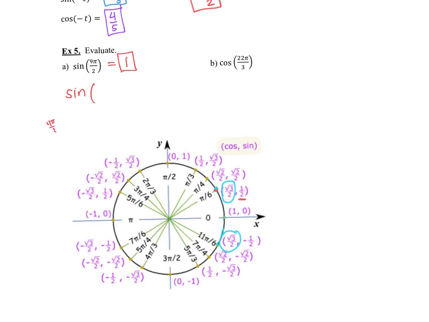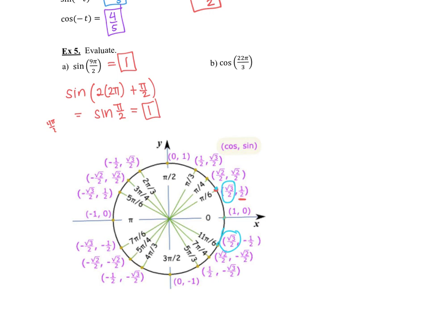So I went 4 pi over 2, 8 pi over 2. I probably went around twice. I went around twice to get to 4 pi or 8 pi over 2, plus I have an extra pi over 2, which means that the sine of 9 pi over 2 should be the same as the sine of pi over 2, which happens to be 1, and I could get the answer using the fact that it is periodic.